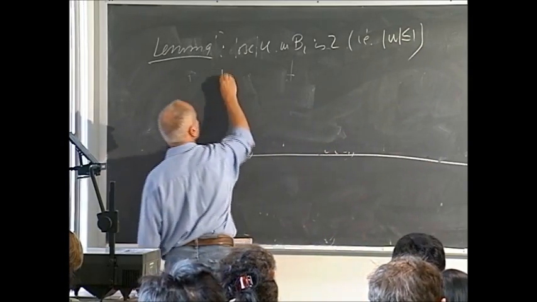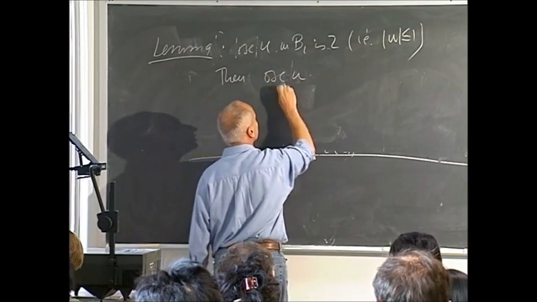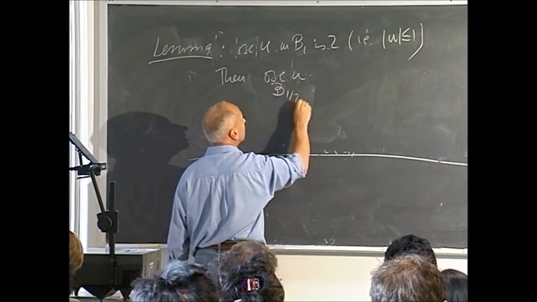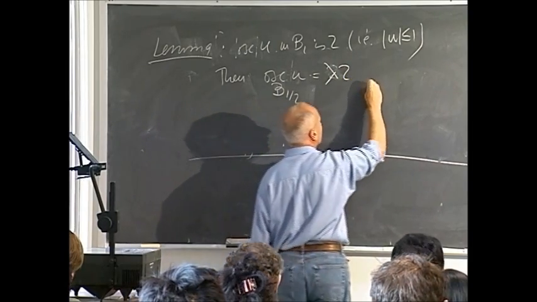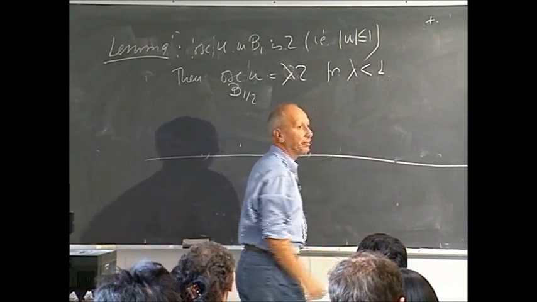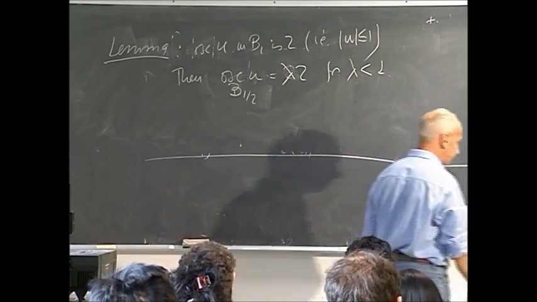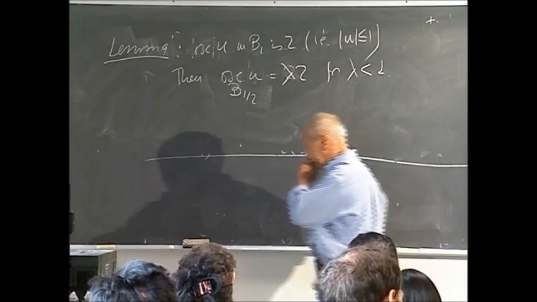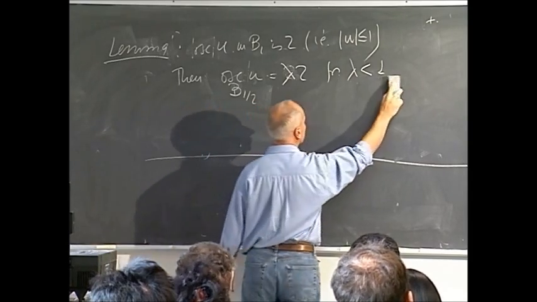Then the oscillation of u in the ball of radius 1/2 is equal to 2 times lambda, or lambda times 2, for some lambda less than 1 that depends only on ellipticity. Okay? So let me just do the proof.